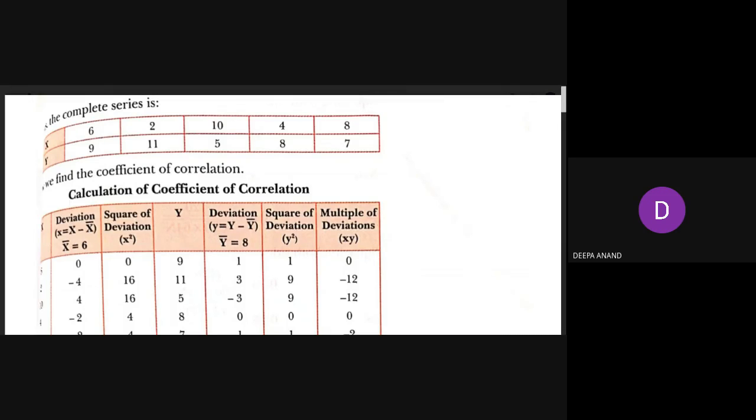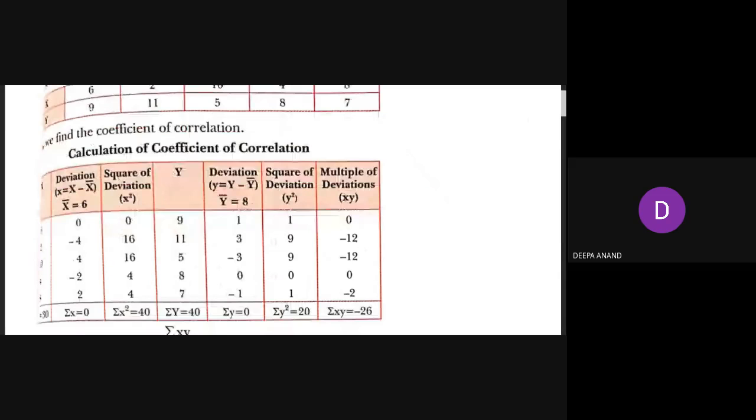Watch the minus and plus signs, then square the deviations. Then the summation of the product of x and y. Then put it in the formula: sigma xy upon root of sigma x square into sigma y square. Do it.